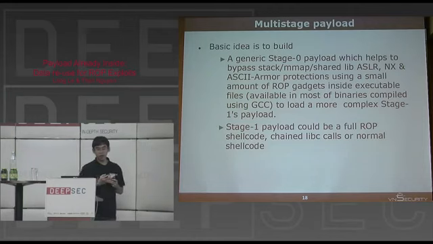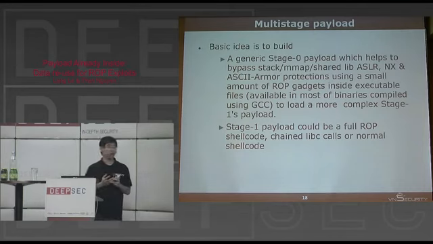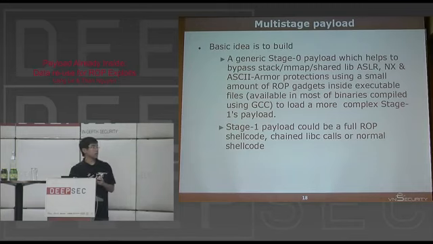The reason, like I mentioned before, is that ROP in general is nice to have. However, the number of real ROP gadgets inside the executable file is limited, and it's very dependent on the binary. So the idea here is to use only a few gadgets which are available in most binaries.